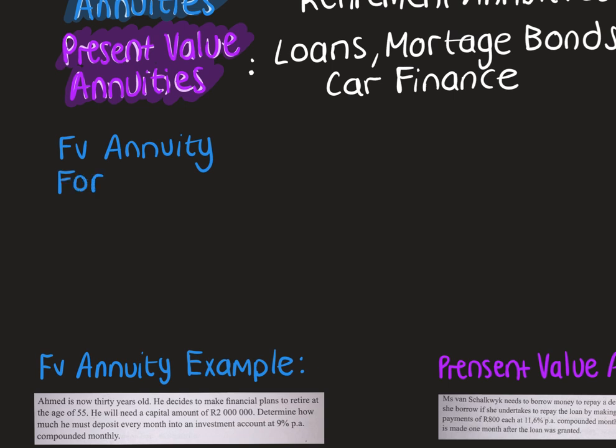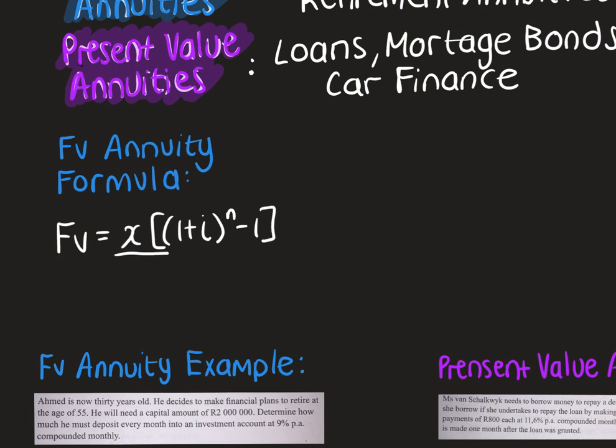Our future value annuity formula is: future value equals x, open bracket, 1 plus i to the n minus 1, all over i.